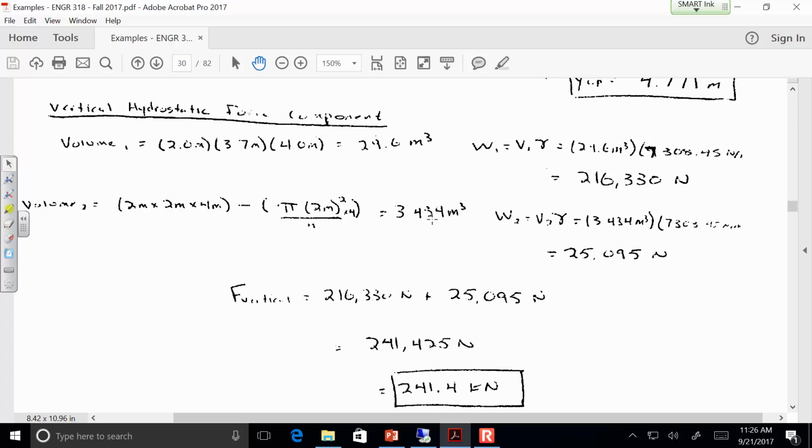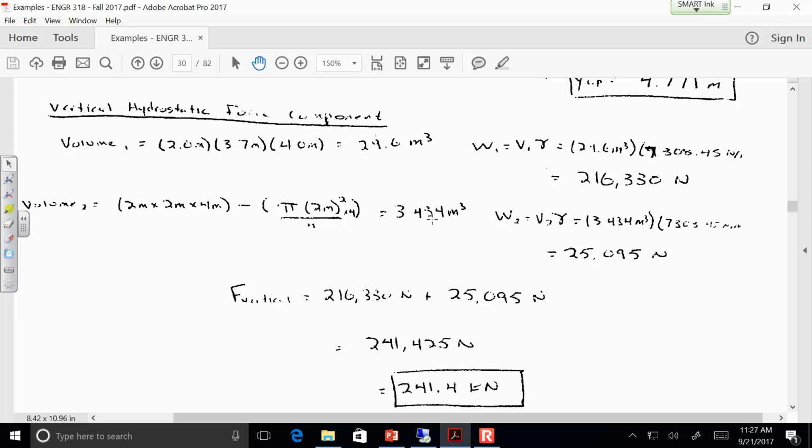Yes? Okay, good question. What if it had asked for the location? It didn't, but if it had, let me draw the shape of it. So we've got this gate. If it had asked for the location of the vertical forces, you'd say, well, I've got the rectangular element above in the middle, and you'd find the magnitude of that and its location.